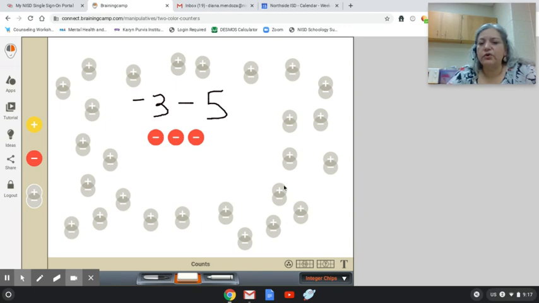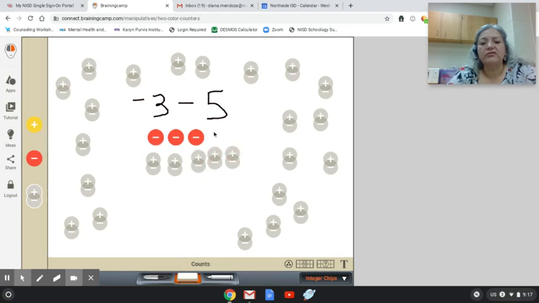I have no positives whatsoever. So what I'm going to do is I'm going to put down 0 pairs. And even though I'm putting 0 pairs, I'm not going to change the value of -3 because those represent 0 pairs. Now, those 0 pairs, I added 5 because I need to take away 5 positives.